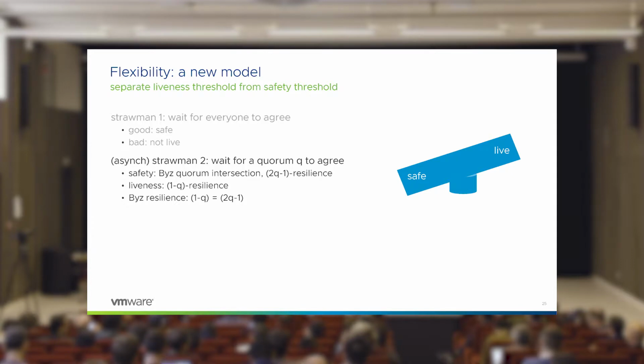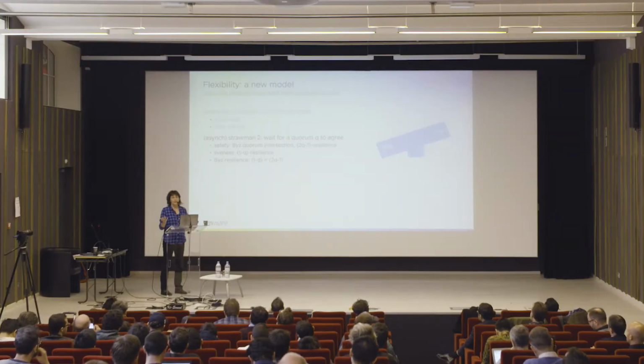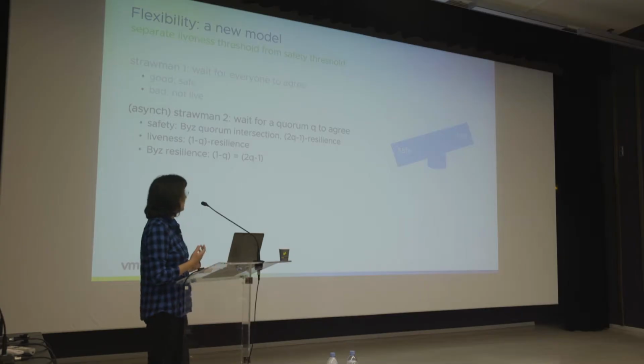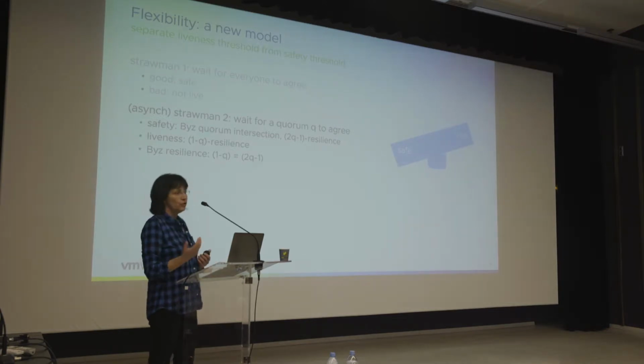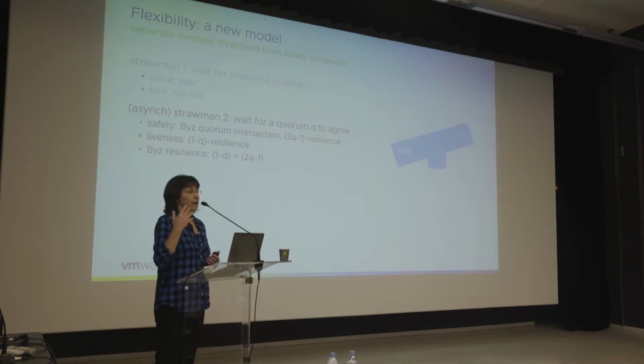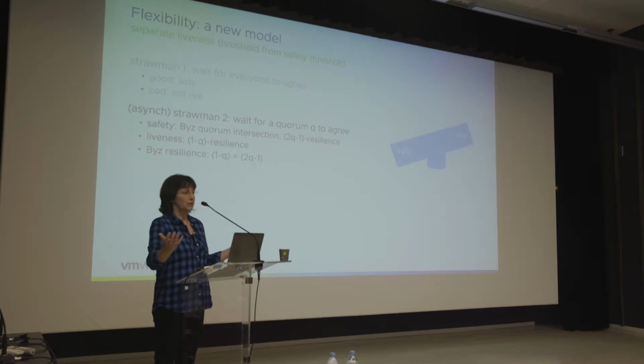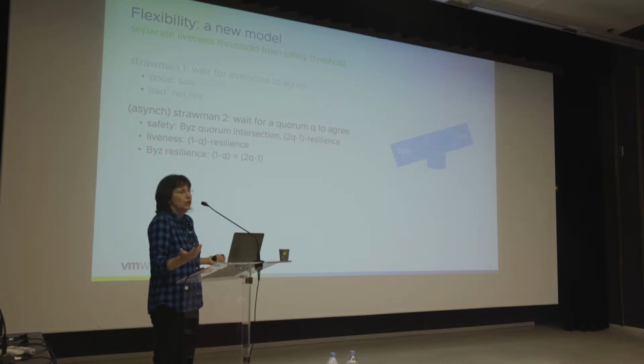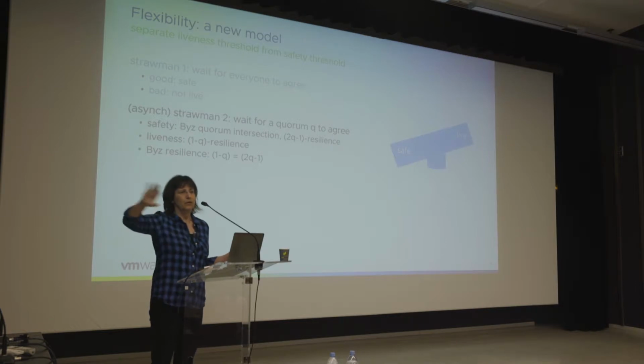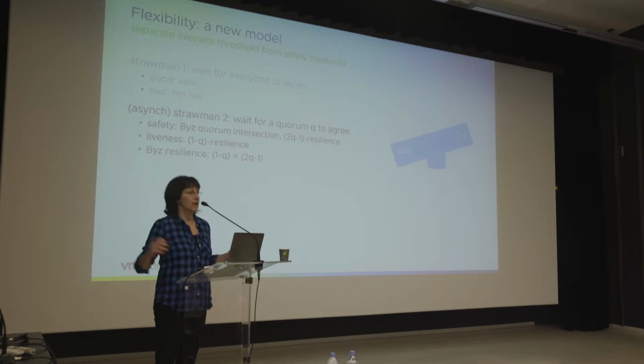So let's look at what is the size of the quorum that will be needed in order to provide both safety and liveness. For the first decision, in order for this quorum of size Q to be able to reach a decision, again, without thinking of any specific protocol, we have a group of N participants, and Q of them need to be able to form a decision, while the others may be offline or faulty.